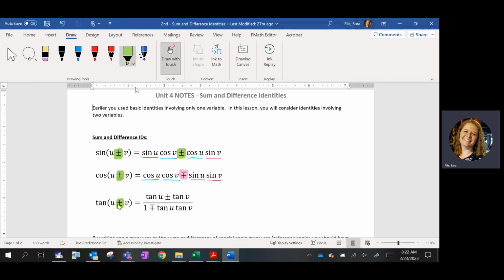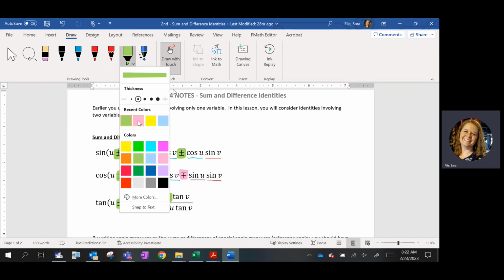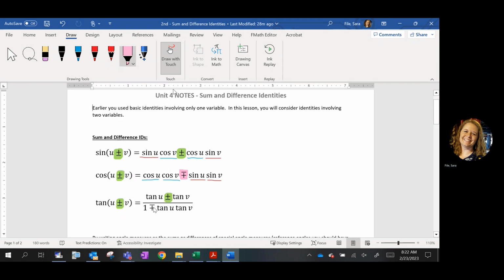So you have a fraction. And notice there's a plus or a minus in both the top and the bottom of the fraction. In the numerator, you keep the same sign, and in the denominator, it's the opposite sign.